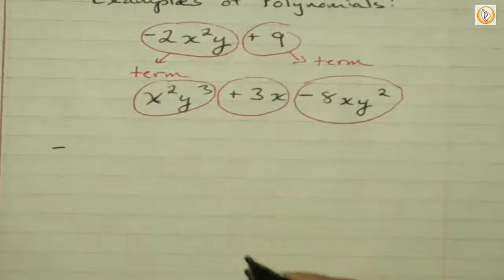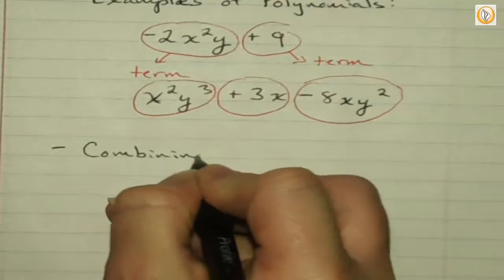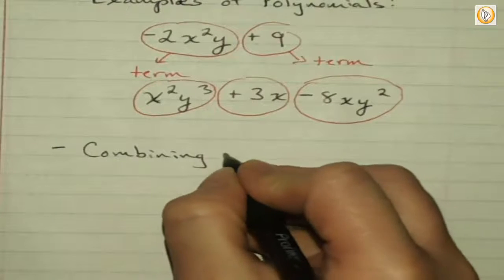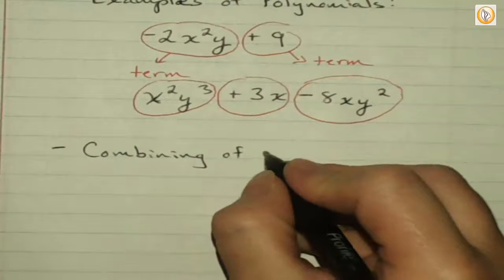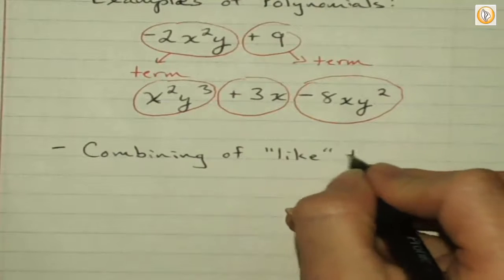So when adding polynomials, you're going to be combining like terms.